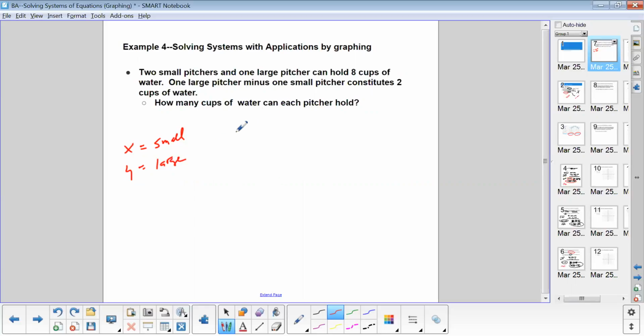So we know that 2 small pitchers plus 1 large pitcher can hold 8 cups of water. However, 1 large pitcher minus 1 small pitcher holds 2 cups.